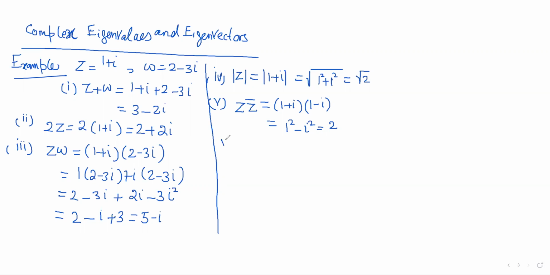One more thing. What is the value of 1 over W? So 1 over W is 1 over 2 minus 3 iota. This answer is correct. But normally, we do some simplification so that in the denominator we don't have the complex number.